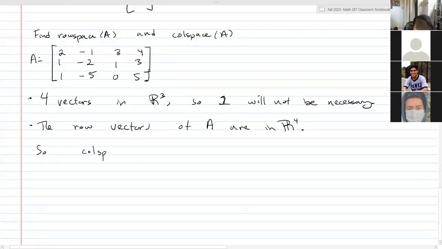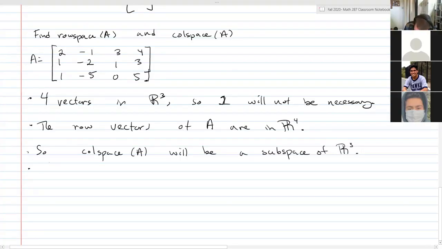So column space of A will be a subspace of R3, because its vectors are in R3.